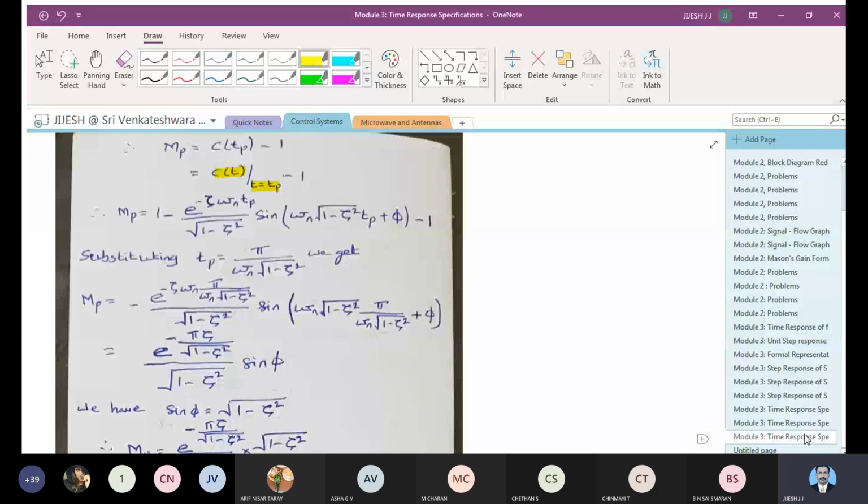So I have substituted C of t here. You write down one statement: substitute C of t and replace t as Tp. You can just note down here. So I have substituted C of t, and then minus 1 is also available here.